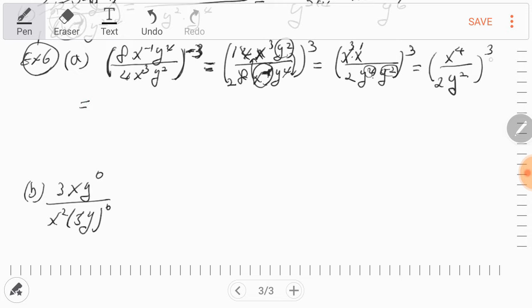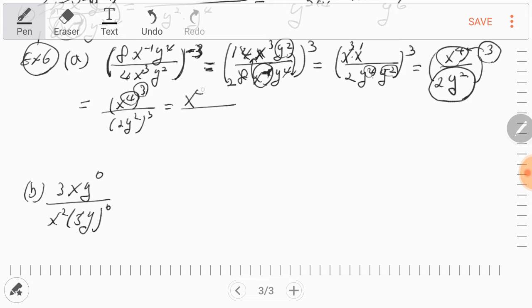Okay, next step is we assign the power to each numerator and the denominator. So x to the 4th power raised to the 3rd power over the denominator raised to the 3rd power. The numerator is power of power, so multiply the exponents, 4 times 3.